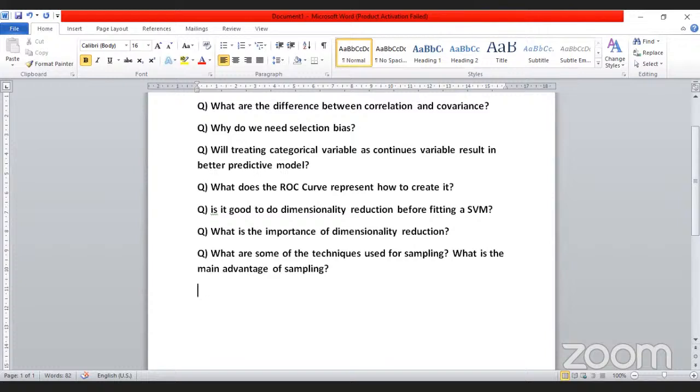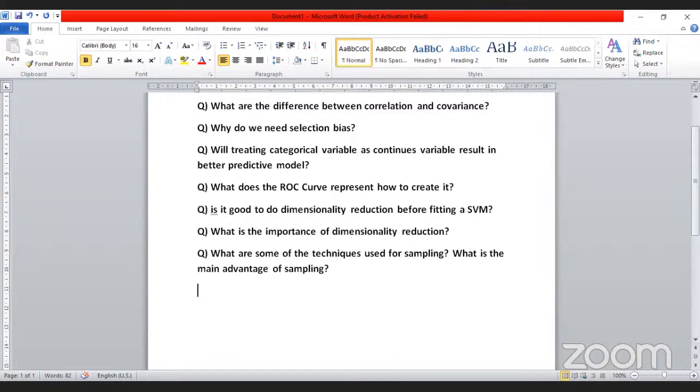But it is very necessary to carefully take a sample out of the huge data that truly represents the population. So whenever we have huge data and can't do calculations on all of it, we take a sample, perform analysis on that, and make a statement about the population. That is the main advantage of sampling.